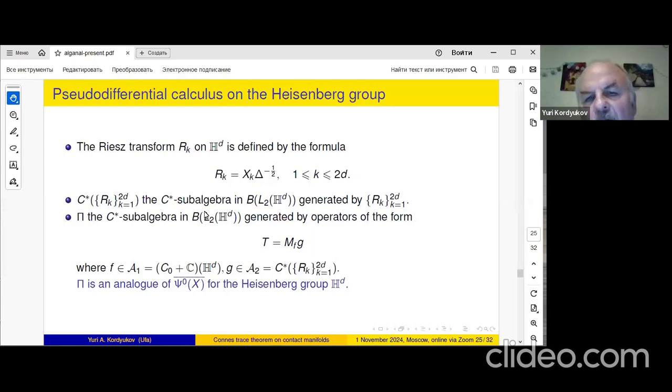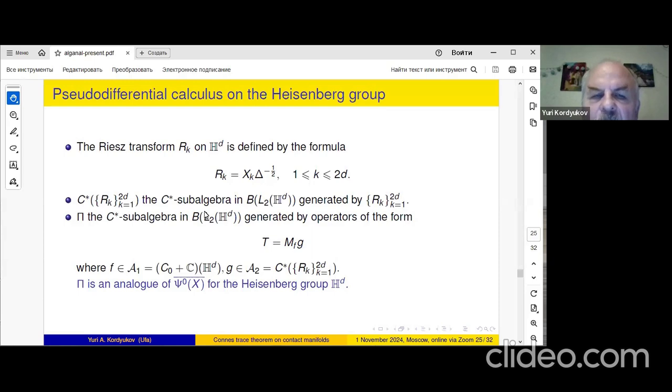But say if we are talking about the Heisenberg group, and more generally in more sophisticated cases, the Fourier transform is not very useful and efficient.